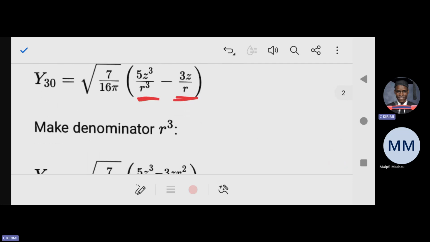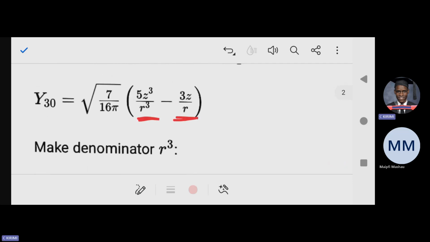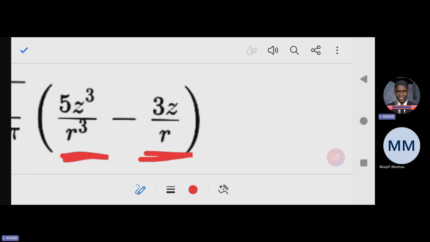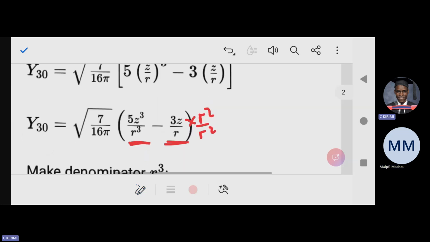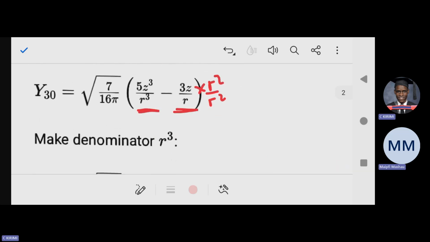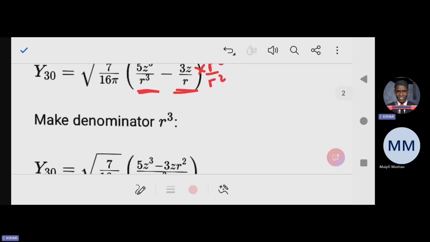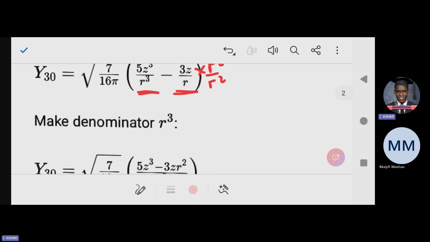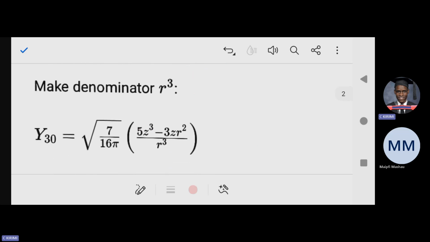So how are you going to make the same denominator? You multiply. If I multiply by r squared, the denominator also becomes r squared. I did not change the value, just a manipulation. So it is 5z cubed minus 3z r squared over r cubed.